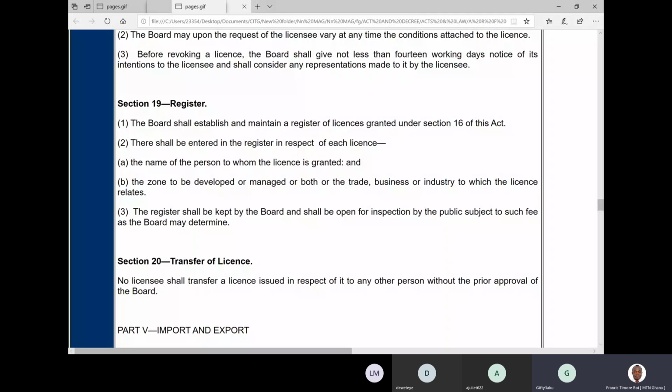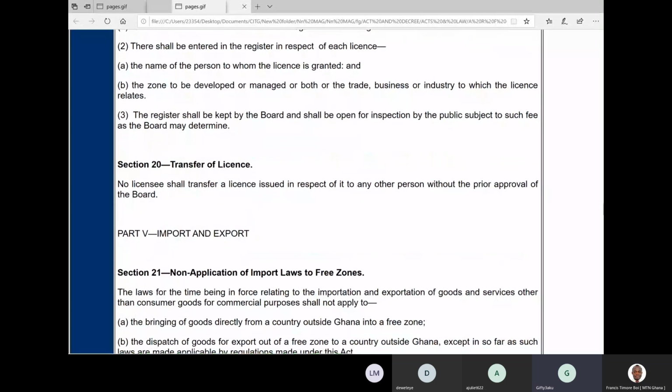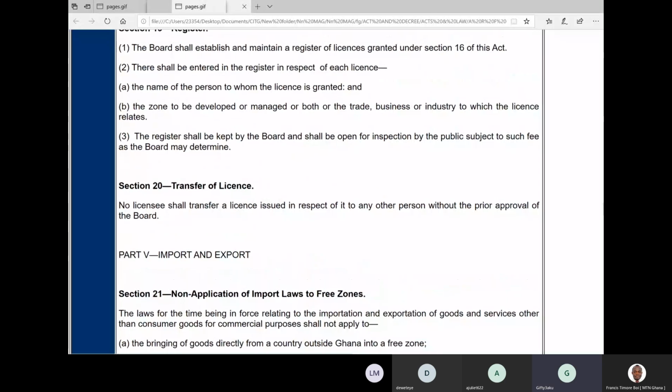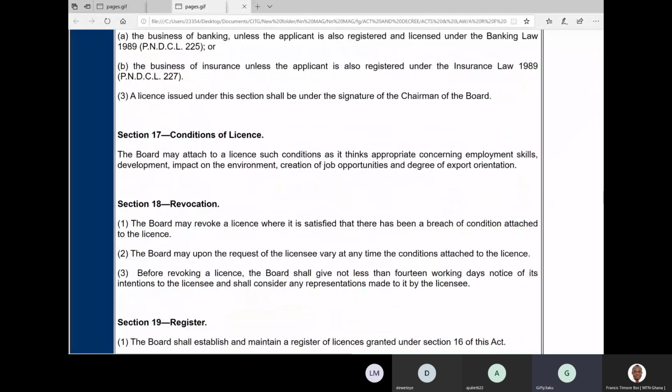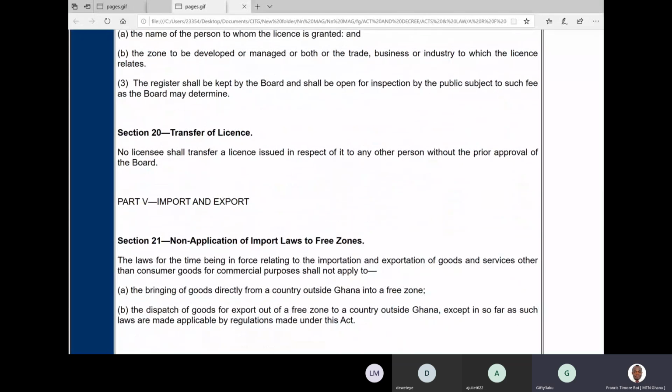Let's go to the transfer of license. Transfer of license. Francis, are you reading from my own? I'm reading from yours now.